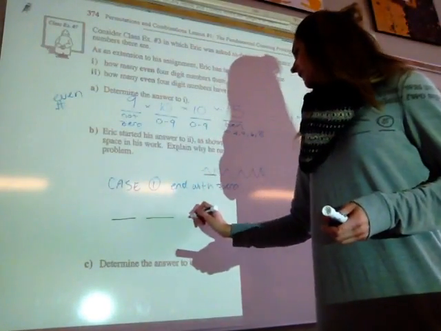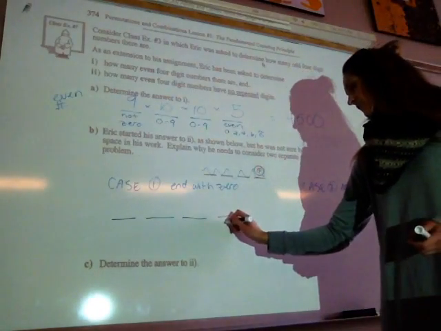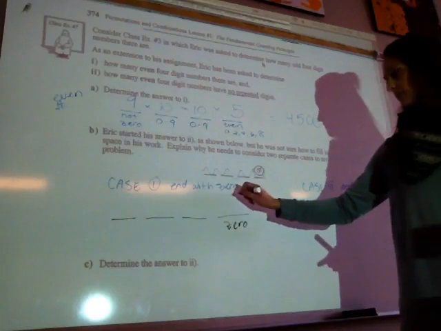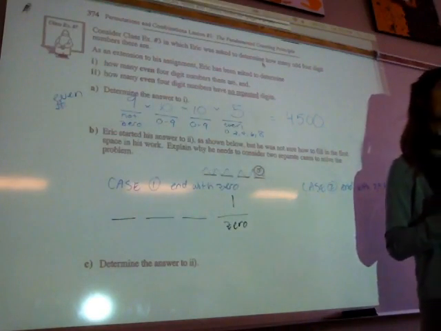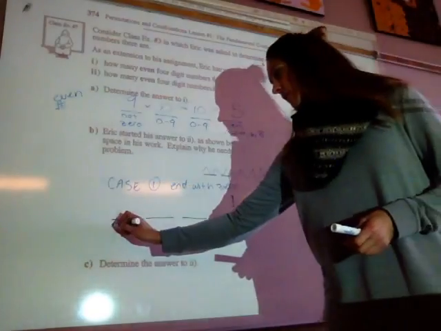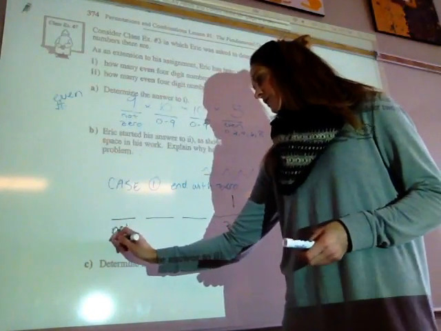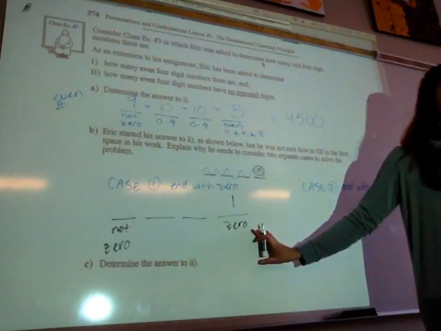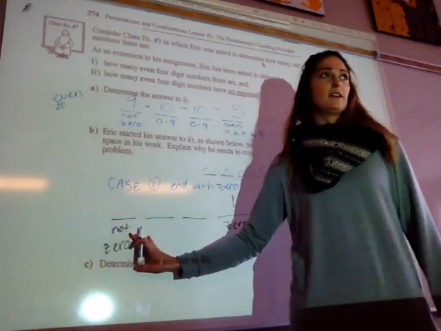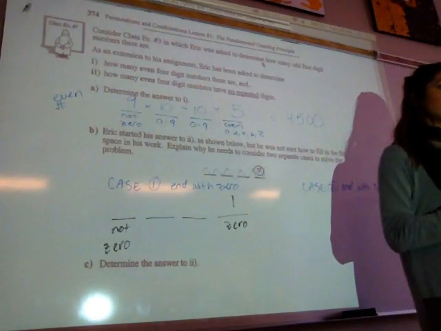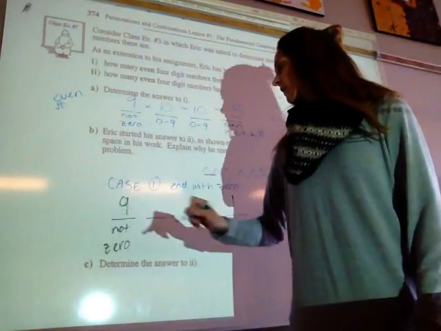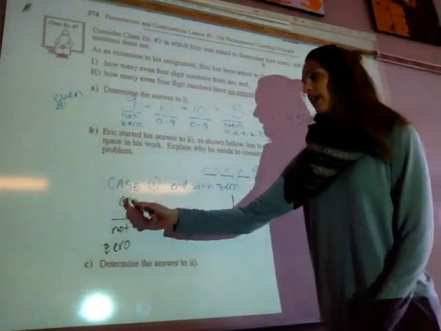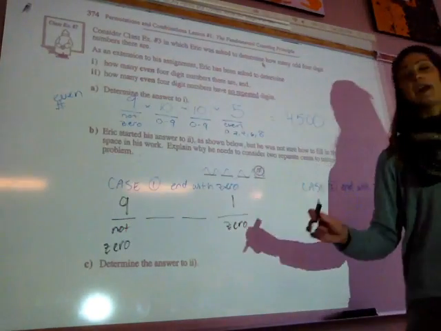Let's look at the case where we end with 0. If we ended with 0, that means we have one choice. The first digit, we know if it's a 4-digit number, cannot be 0. So if we've used 0, and the first digit can't be 0, how many choices do I have for the first digit? None. Good. Remember, we're not allowed to repeat. So once I've used 0 and some other digit, I've used up 2 digits, so now I have 8 choices.